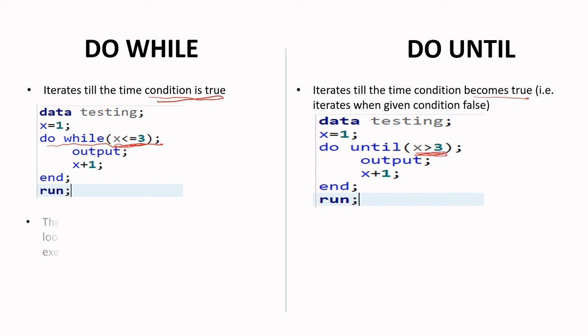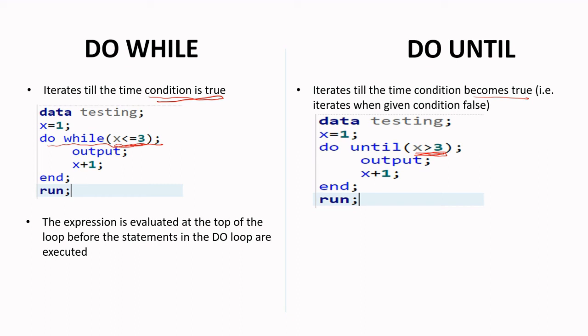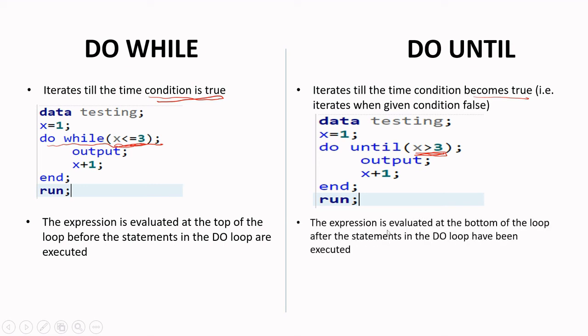Now the next thing: in do while, the expression is evaluated at the top of the loop before the statements in the do loop are executed. So before the statement executes, the expression is evaluated, while in do until, the expression is evaluated at the bottom of the loop after the statements in the do loop have been executed.